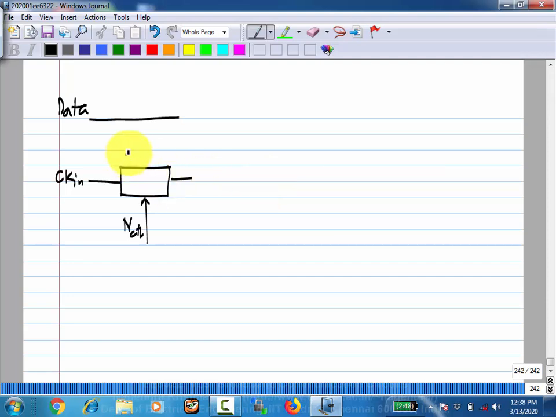So the delay of this is proportional to, let's say, n control. Or to keep it similar to what we had before, you can make it some n max minus n control or something so that it has a negative slope.